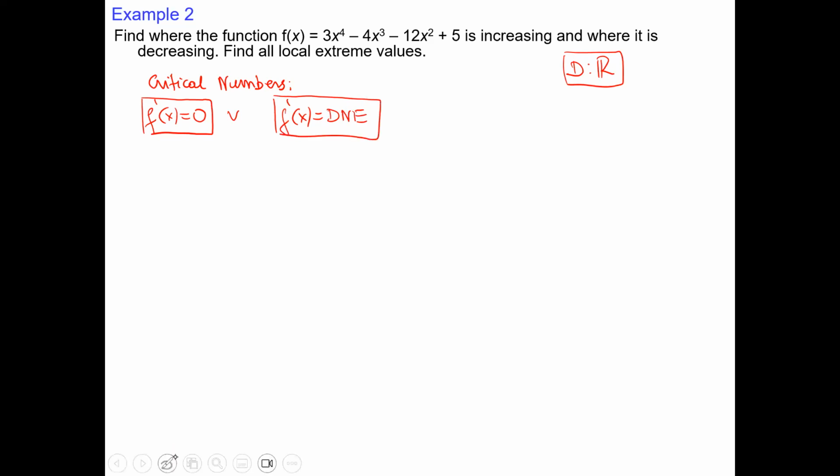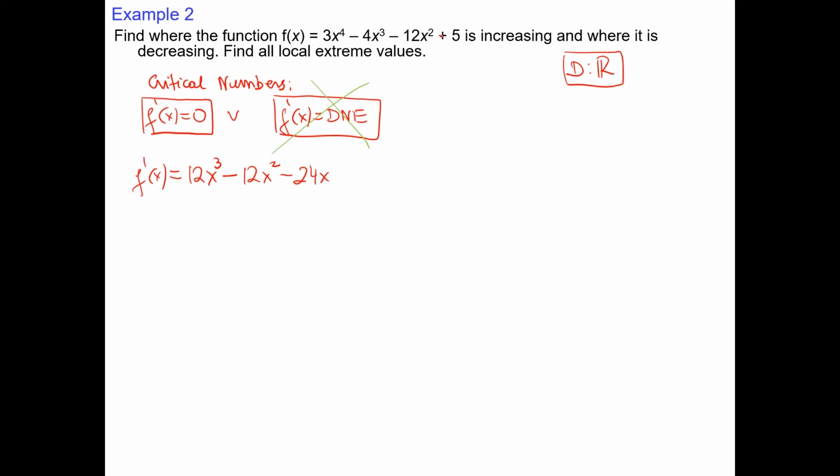But in this situation, since it's not rational, we do not have this case, because the derivative is defined everywhere, a nice and smooth curve, a polynomial. First of all, let's find the derivative. The derivative of this function, 3x to the power of 4, is 12x cubed minus 12x squared minus 24x, and that's it.